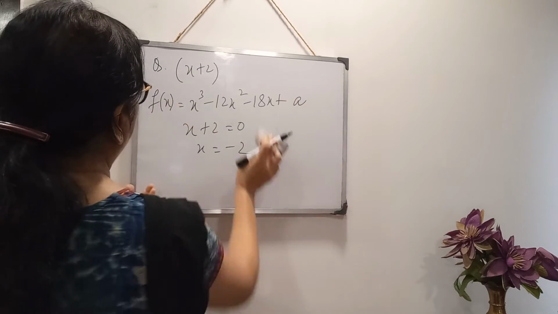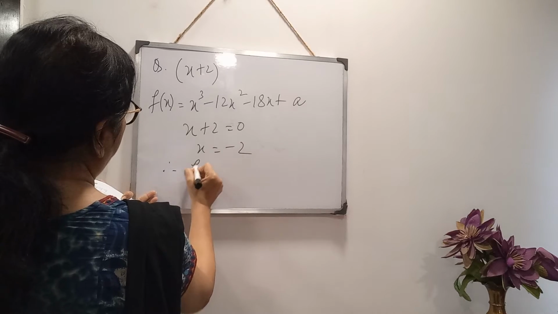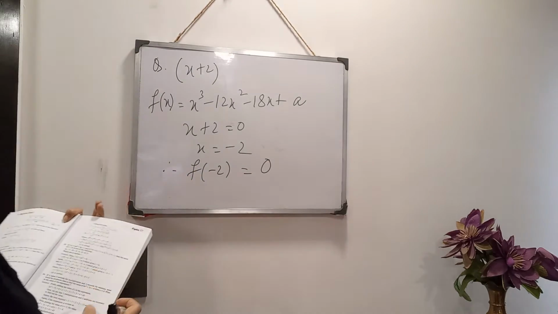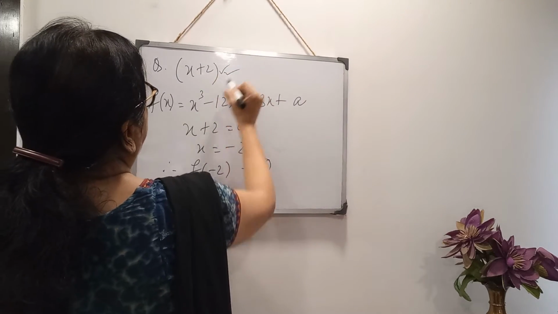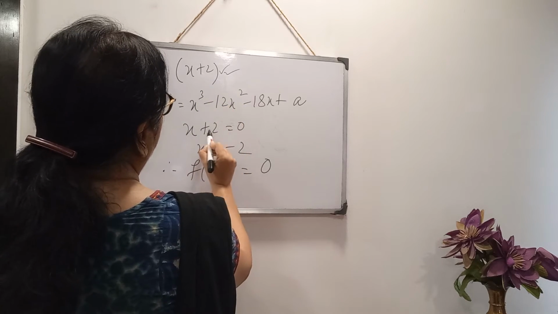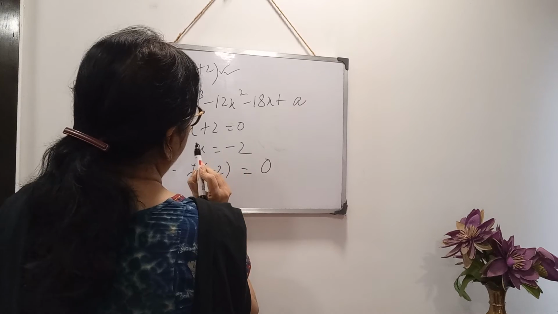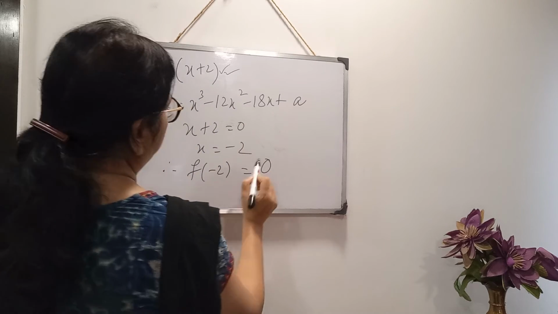So according to the problem, we can write f(-2), x is coming -2. So f(-2) will be 0. As it is told that x plus 2 is a factor of the polynomial, x plus 2 equals to 0. From there we are getting x equals to -2. Then by factor theorem we know f(-2) equals to 0.